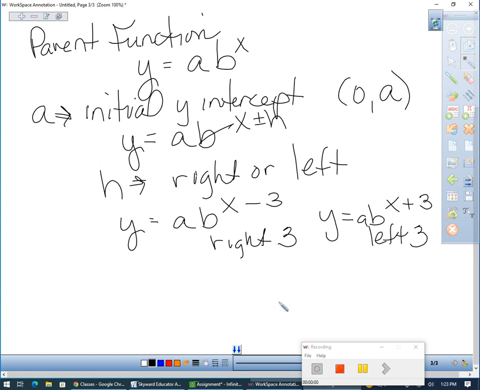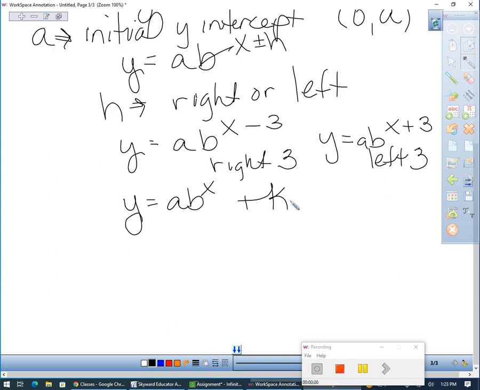All right. What if I had y equals ab to the x plus k? Yes. K represents your up or down. Up or down.